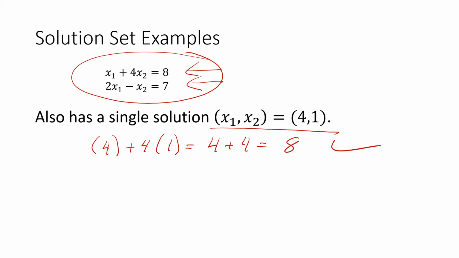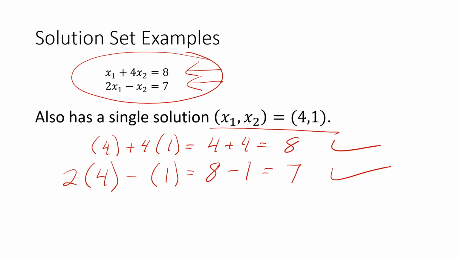Let's look at the second equation. 2 times x1 minus x2 gives me 8 minus 1 equals 7. And again, that checks out. So this is a solution to the system of linear equations. In fact, it is the solution set because it's the only solution for it.